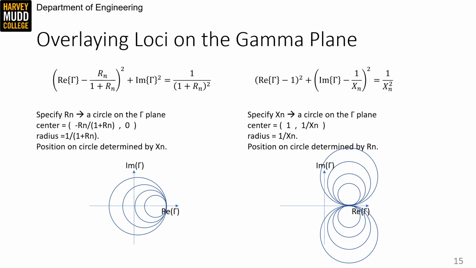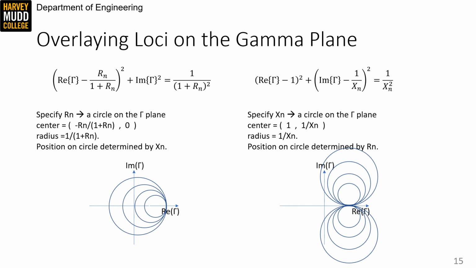A quick glance at this result is promising. In the z-plane we had vertical grid lines with a constant resistance and variable reactance. And our first equation describes a locus of points for a constant resistance and variable reactance. The z-plane also had horizontal grid lines with constant reactance and variable resistance, and our second equation describes a locus in the complex plane with a constant reactance and a variable resistance.